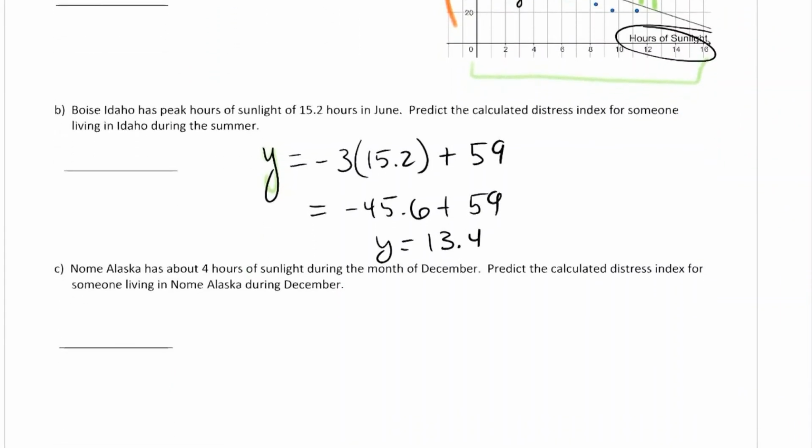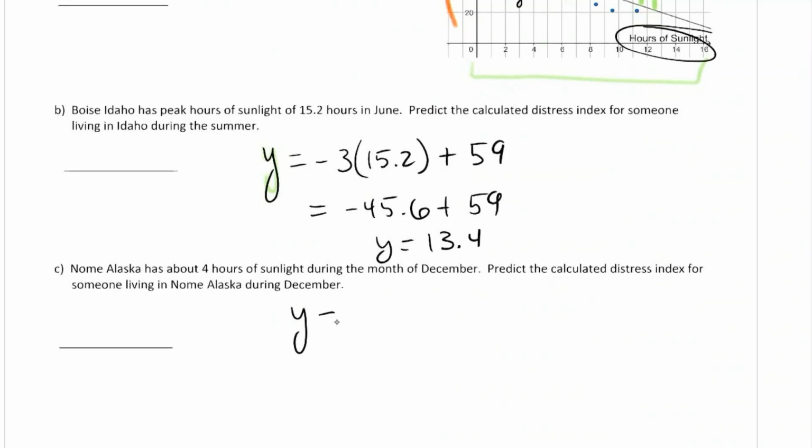And then finally, C, Nome, Alaska has about 4 hours of sunlight during the month of December. Use artificial light, get a light bulb, UV, I don't know. Predict the calculated distress index for someone living in Nome, Alaska during the month of December. So same exact thing.